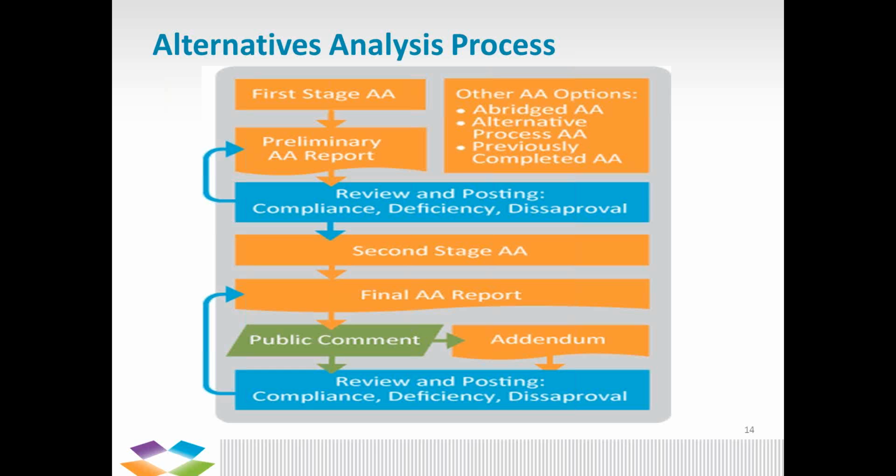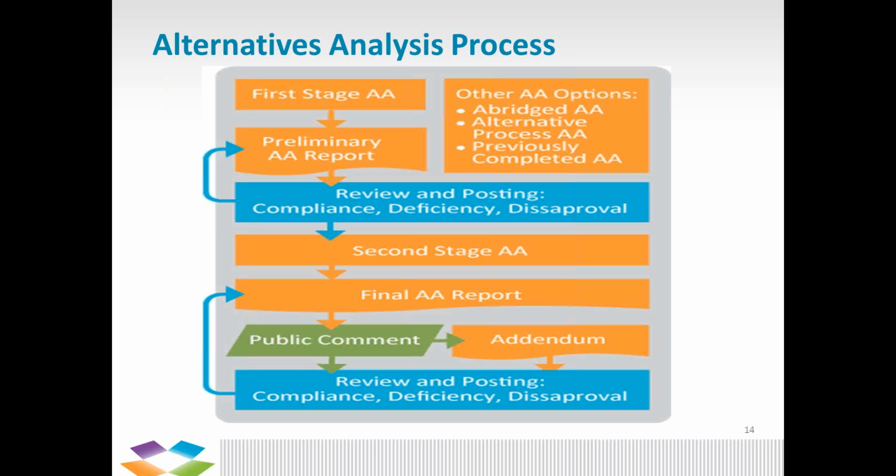So the other element I wanted to highlight is that our AAs, a key part of this is transparency of information. While we do and we will protect legitimate trade secret and confidential business information, everything else will be very public. All the alternatives analysis will be posted on our web page in our CalSafer site.